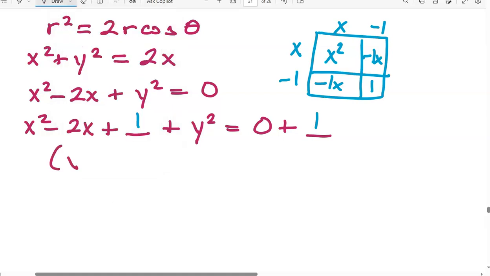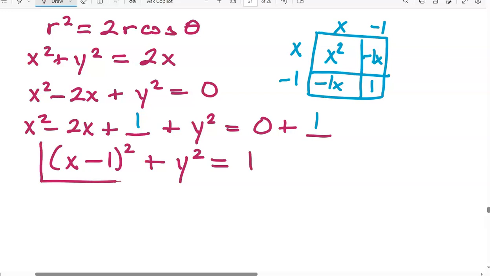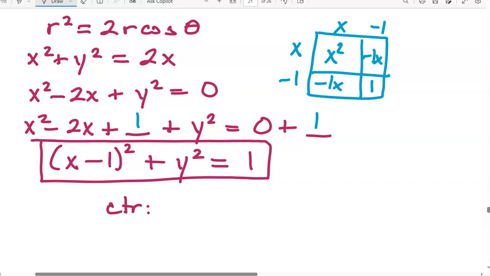Now factoring x squared minus 2x plus 1 factors into x minus 1 squared, and then plus y squared is equal to 0 plus 1, which is 1. Now that's in the standard graphing form for the equation of a circle. Not necessary to say, but the center of this circle is the point 1, 0, and the radius is 1. The radius is the square root of the number on the right side.